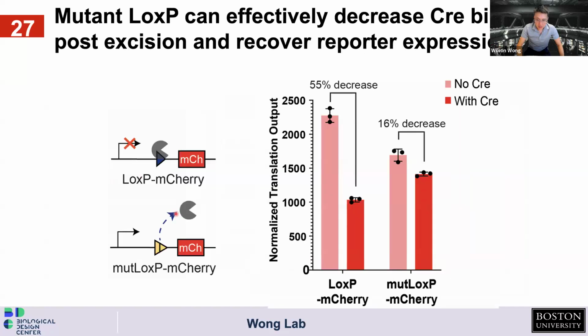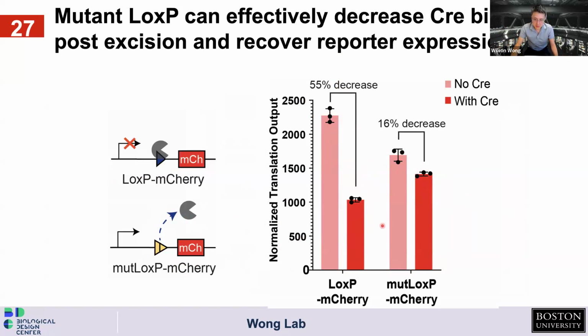So we tried that, and we found that there's a 55% decrease when we use our original LoxP site, but with the mutant LoxP site, it doesn't bind to Cre as well, and we recover this loss in basal activity. Basically we recover a lot of the expression.